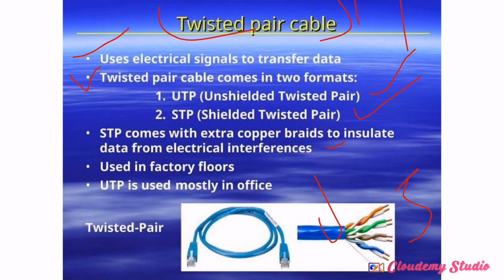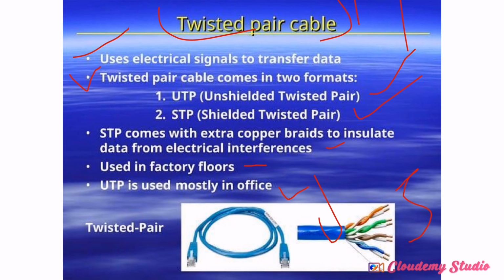Then it's used on factory floors. Unshielded twisted pair is used mostly in offices. UTP is the one that we use. Then in the factories they use shielded. Okay, so you should know the difference.